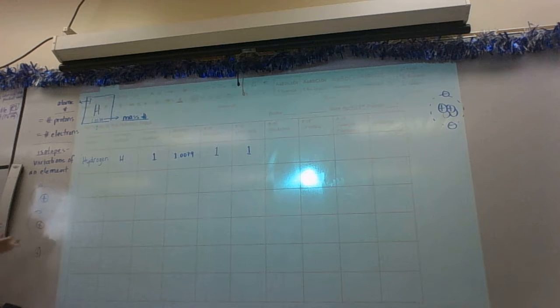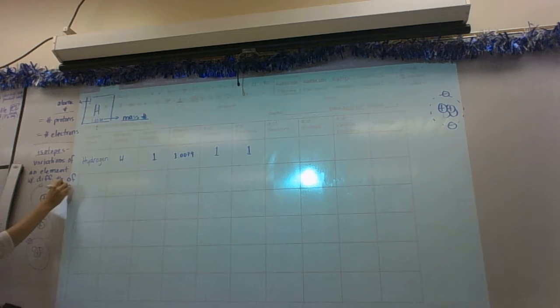This other isotope of hydrogen has 1 neutron. And then a third isotope of hydrogen has 2 neutrons. They all have the same number of protons and electrons. They only differ in the number of neutrons. So isotopes are variations of an element with different numbers of neutrons.